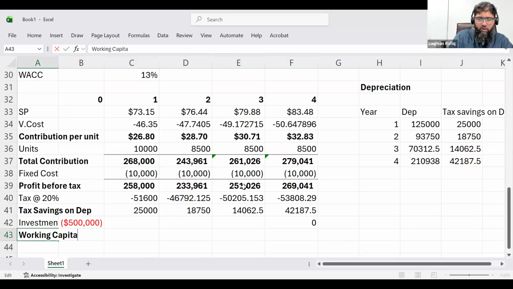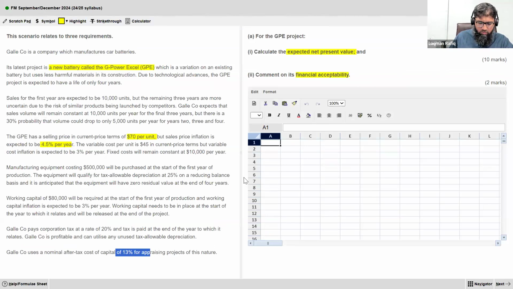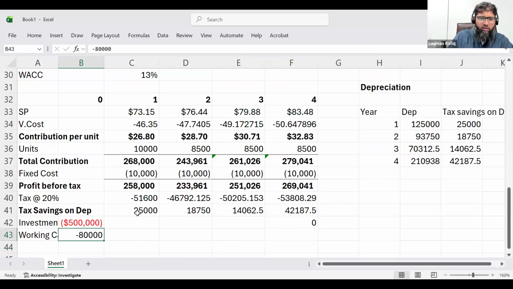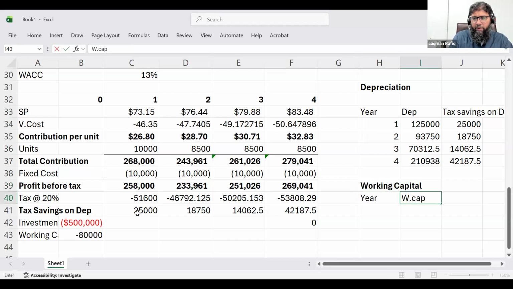Working capital. Working capital is going to be 80,000. If I talk about the working capital calculation, here working capital incremental, here 1, 2, 3, 4.